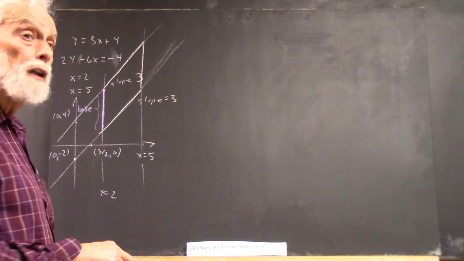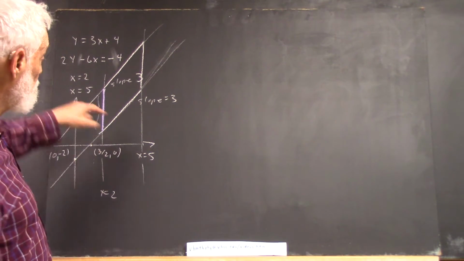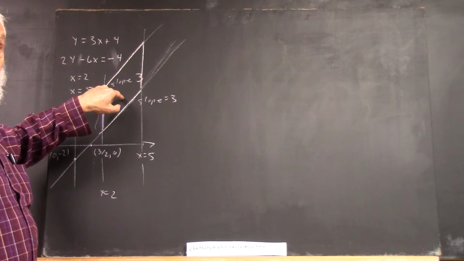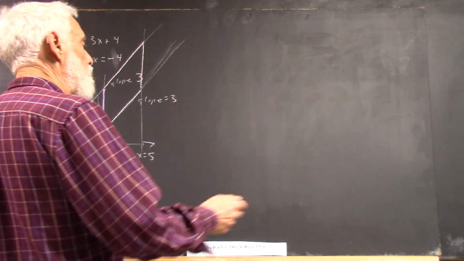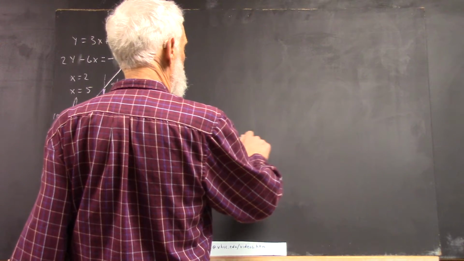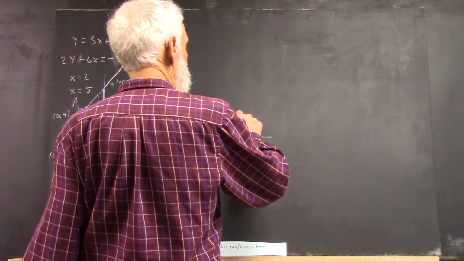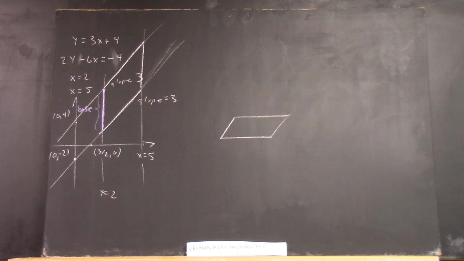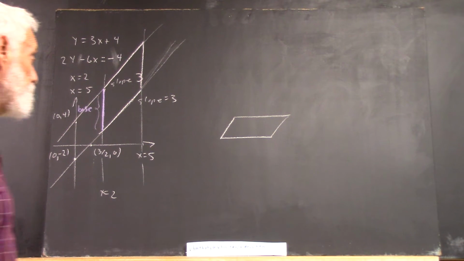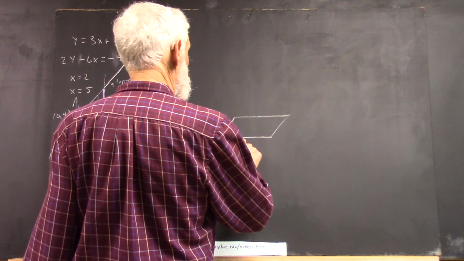Well, okay, let's just talk in general about parallelograms before we try to apply the properties of a parallelogram to this picture. So if I have a parallelogram, and often the parallelogram will be drawn like this, and we'll use this side for the base.